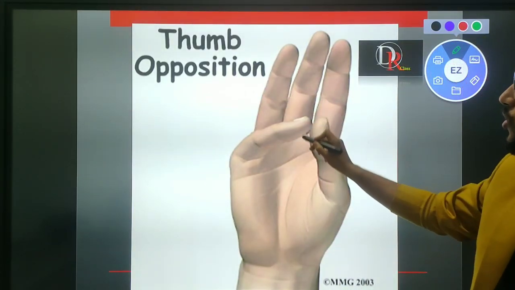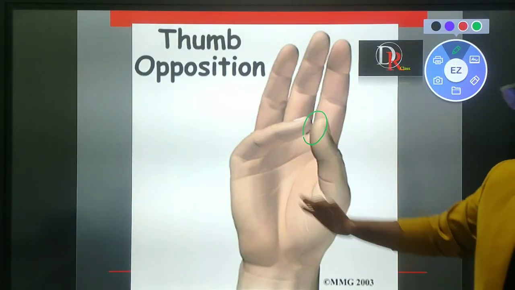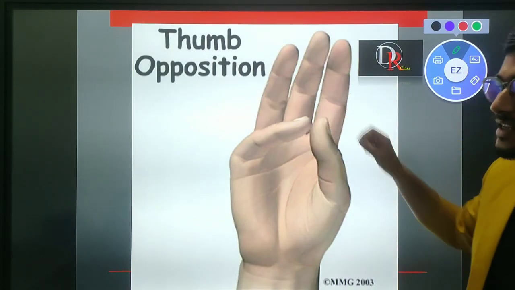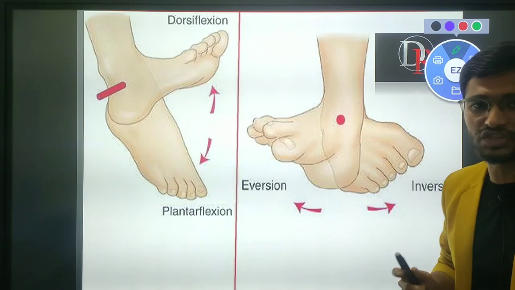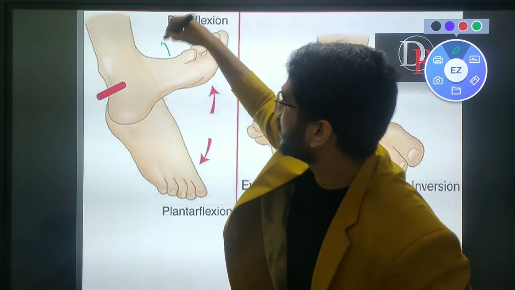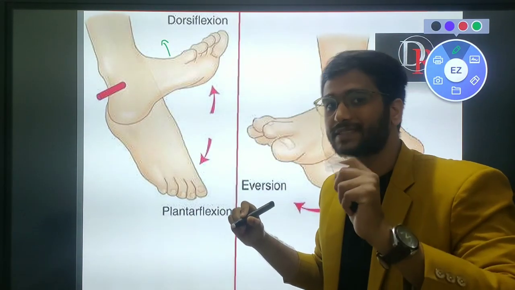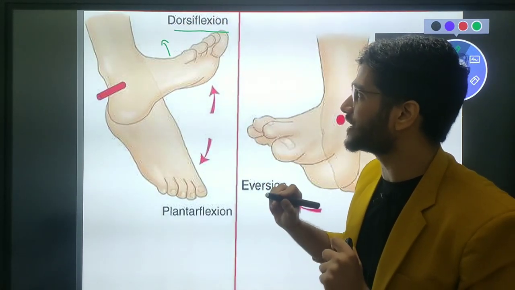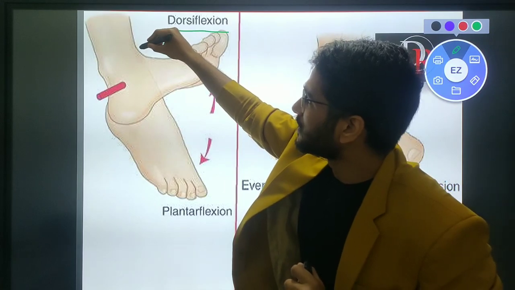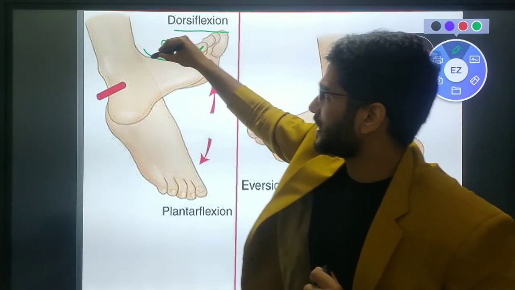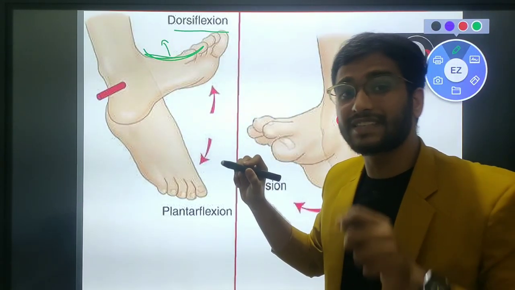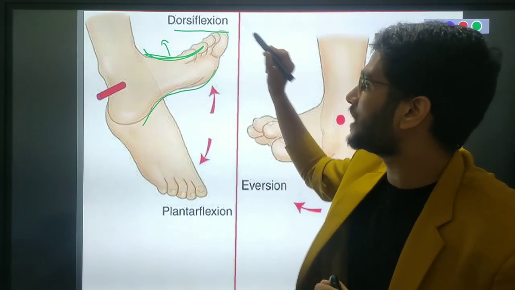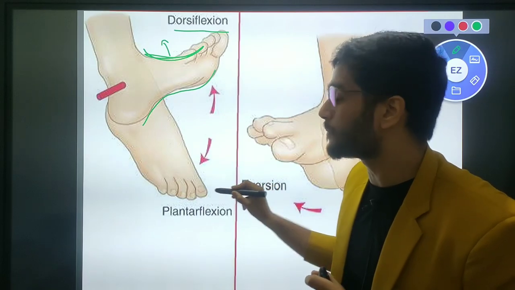So this is the movement of thumb opposition: when you touch the thumb with any of the four fingers, that is known as thumb opposition. If we move the feet upward, towards the tibia, that kind of movement is known as dorsiflexion. First of all, understand that in the feet the upper surface is known as the dorsal surface, and the lower surface, which is basically the ventral surface, is known as the plantar surface.